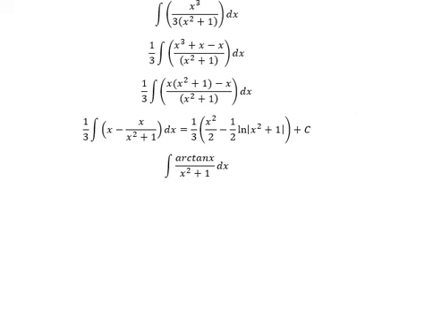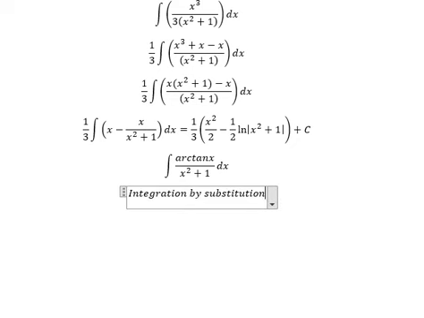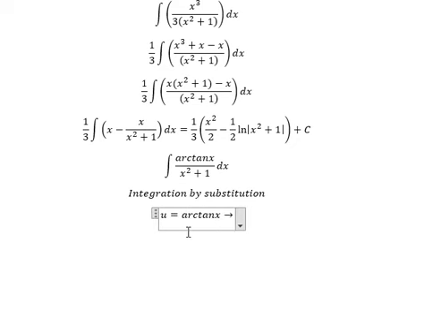We can use integration by substitution. So I will put u equals arctan of s. Later we need to take the first derivative of both sides, and we have it like this.